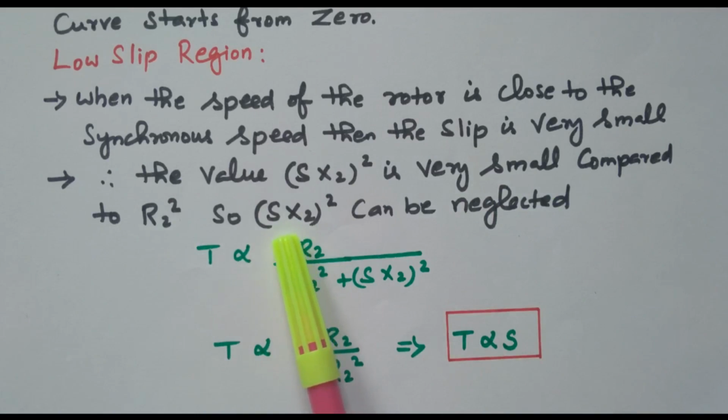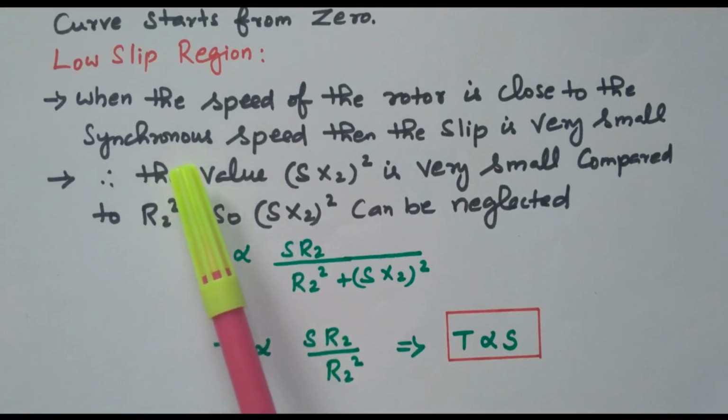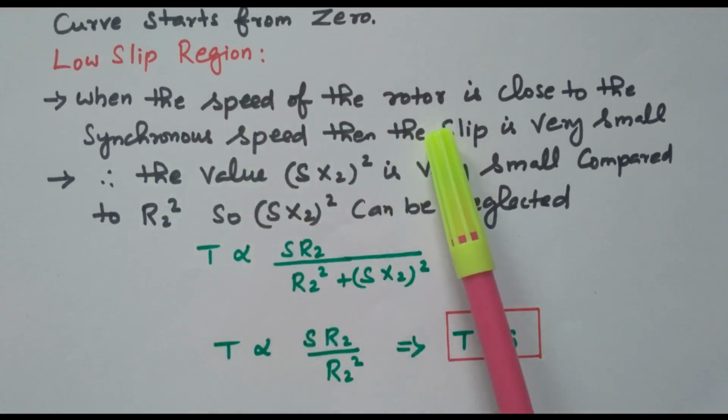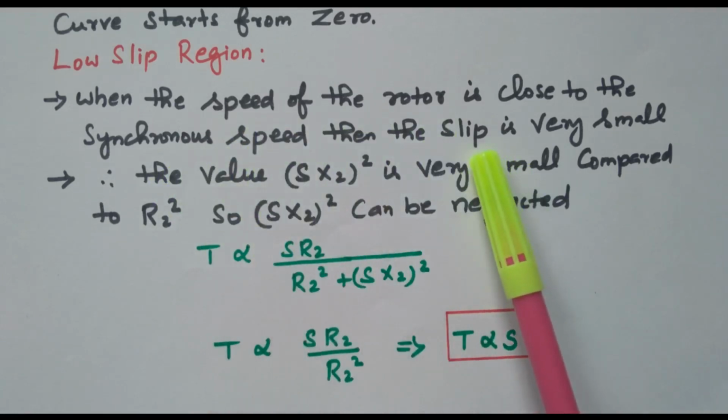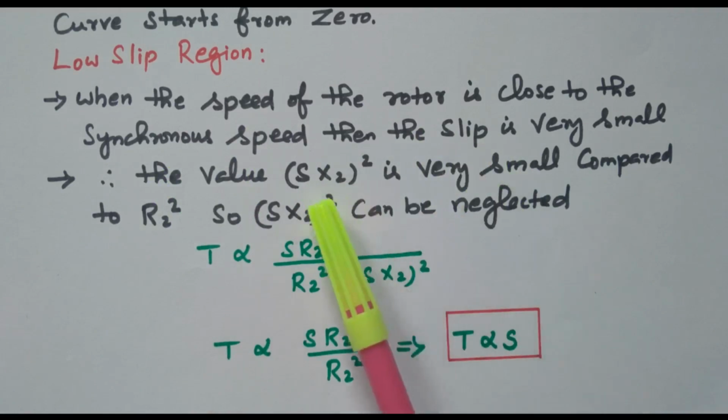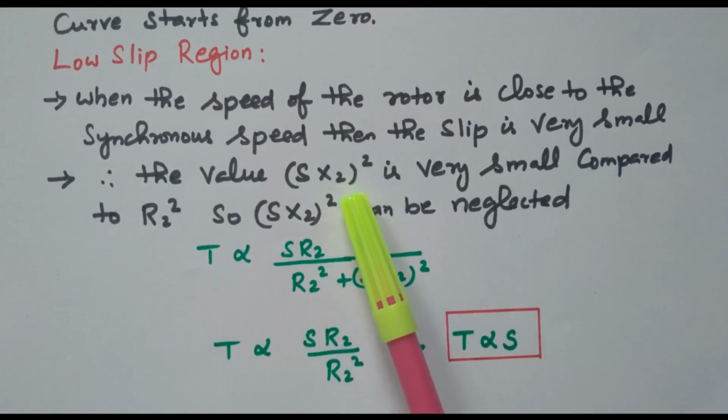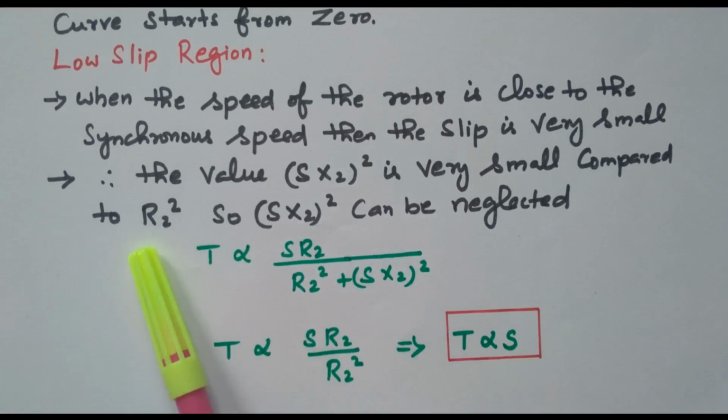In the torque equation we can neglect the S X2 square, because when the speed is nearer to the synchronous speed, the slip is very less. So S X2 square becomes very less, and compared to R2 we can neglect this term. So this is the normal torque equation, S R2 divided by R2 square plus S X2 square.